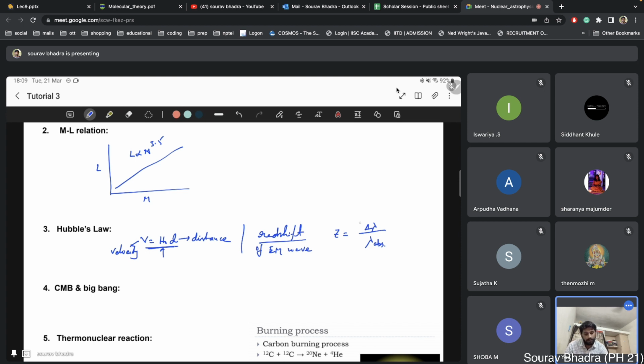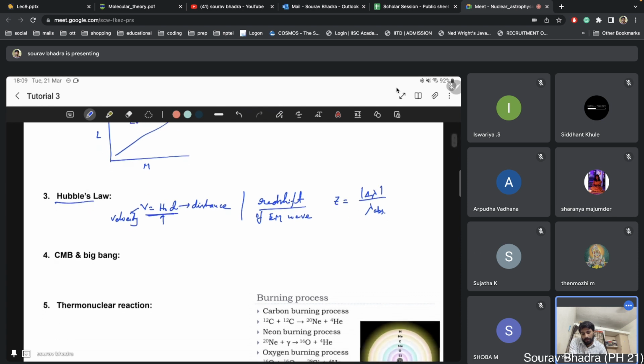This redshift is a very important thing in the astrophysical scenario, from where you can measure the distance and the velocity of the object. Comparing both Hubble's law and redshift, you can calculate the unknown parameters of a particular stellar object. This we have also done.